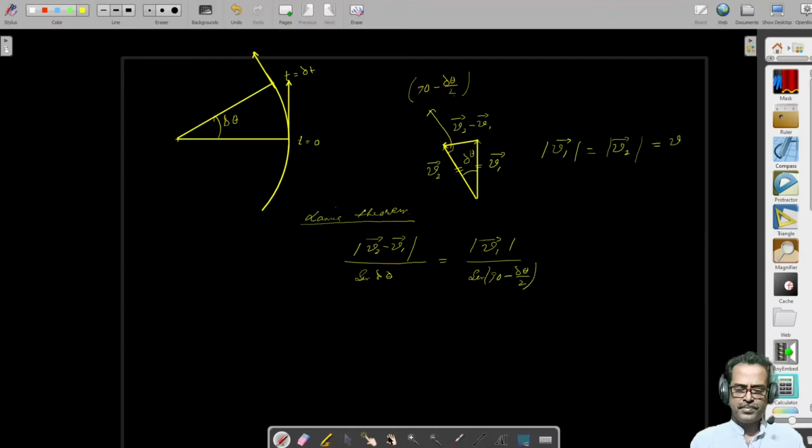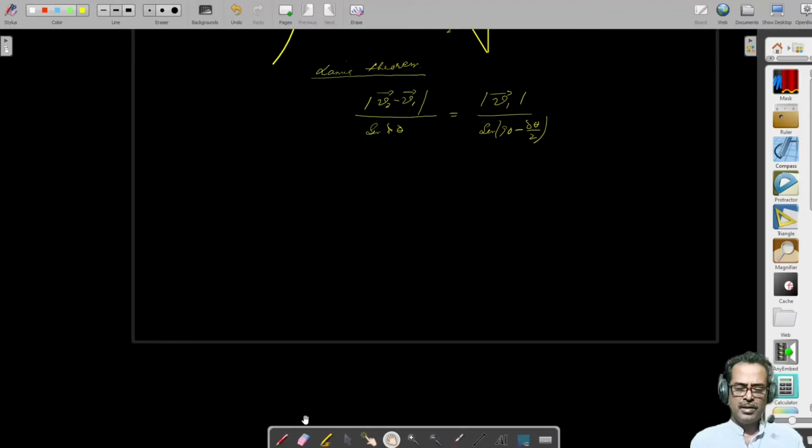Okay. Now, this may be written as del v, that means change of velocity, and this is 2 sine del theta by 2 cos del theta by 2.